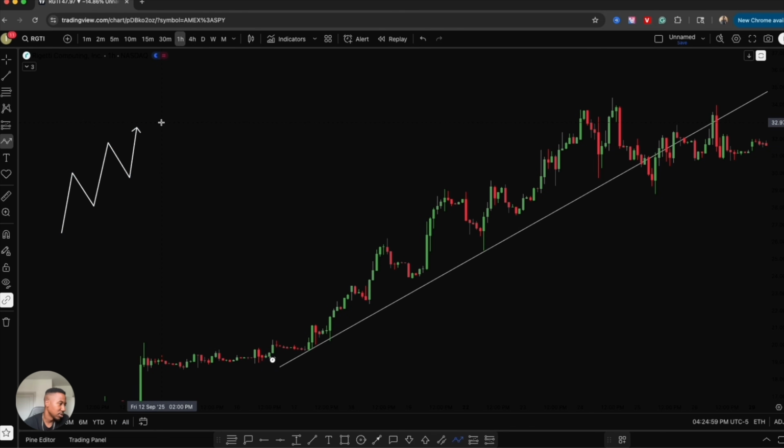We got a downtrend, which is you have a starting point, you got a low, you got a lower high, a lower low, lower high, lower low. All right, so you got uptrend, downtrend. And then last but not least, you have sideways or ranging markets.